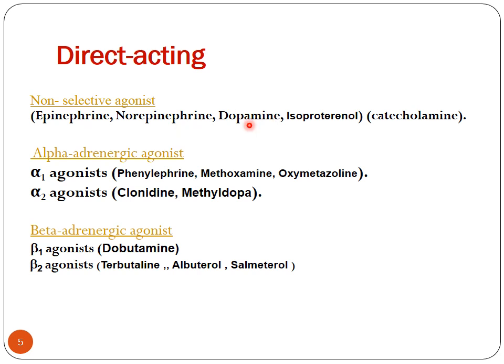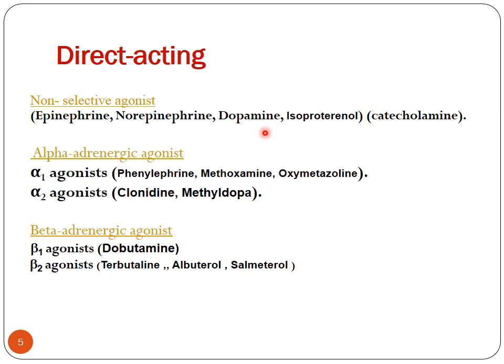Dopamine is another catecholamine, non-selective sympathomimetic. It is the precursor of noradrenaline. It stimulates both alpha and beta. In addition, it also stimulates the dopaminergic receptor in the renal vasculature.